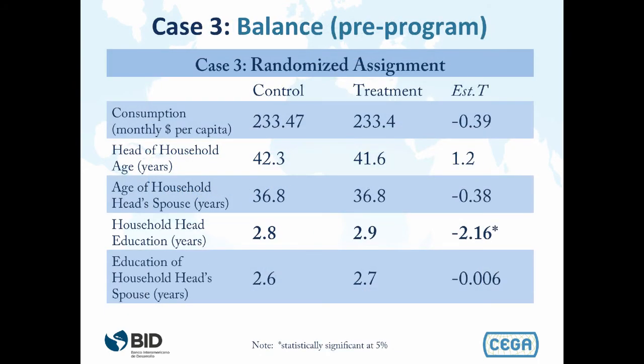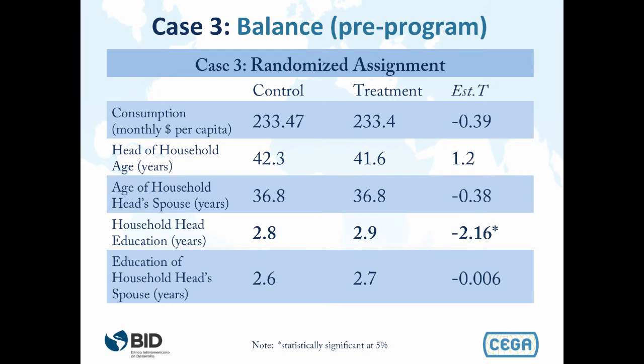Here are a set of descriptive statistics, the means for the two groups in Progresa or Oportunidades, where we assess balance at baseline or pre-program. So here we have, in the first row, the mean consumption per capita for the treatment group and the control group.